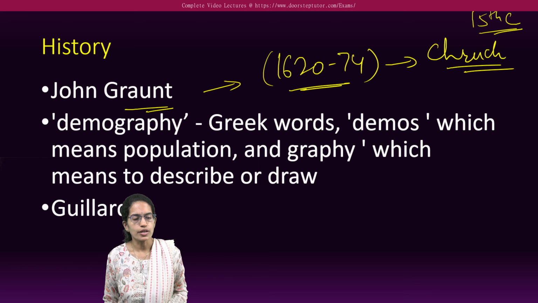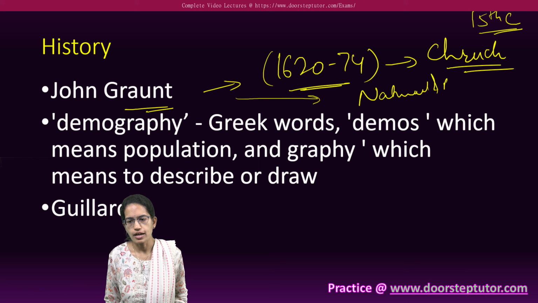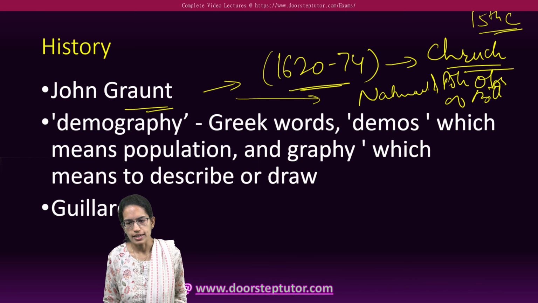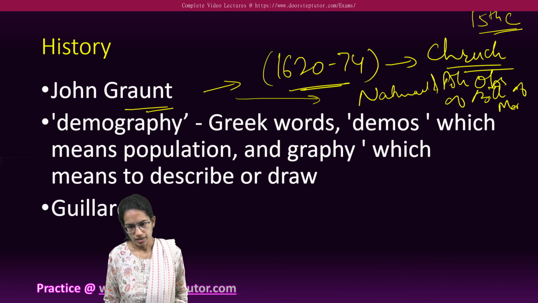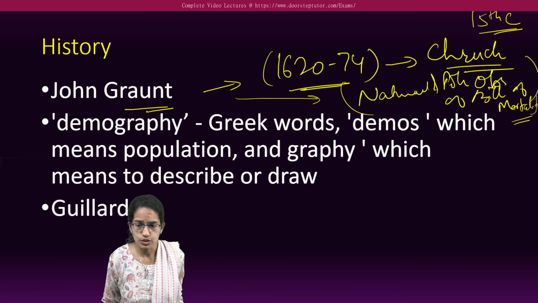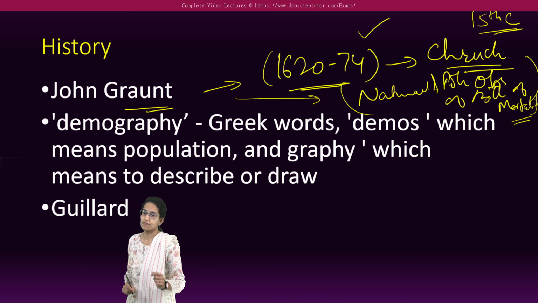So he brought out his famous work, known as the Natural and Political Observations on the Bills of Mortality, right? And under this work, his main idea was to focus on demographic studies.